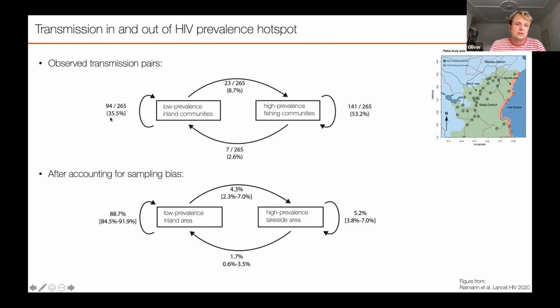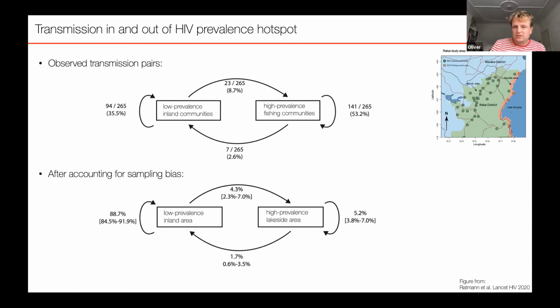We need to compare this to the 35.5% up here, and correspondingly, the estimated flows that occur in the lakeside area are just 5.2% compared to the 53.2% of transmissions within the raw data and the raw sample. That didn't change our conclusions about the direction of transmission.